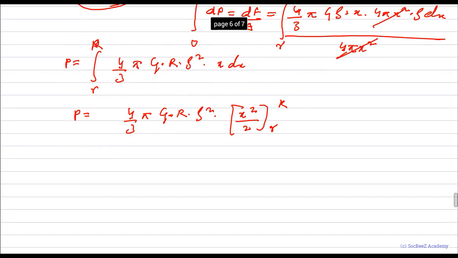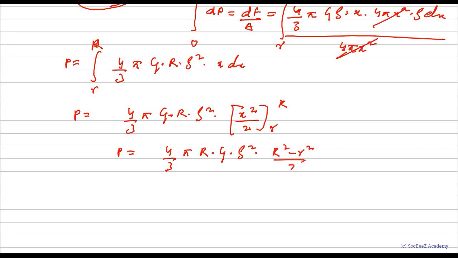So pressure turns out to be 4 by 3 pi G into rho square into capital R square minus small r square by 2. Sorry, I must not be having any r here.